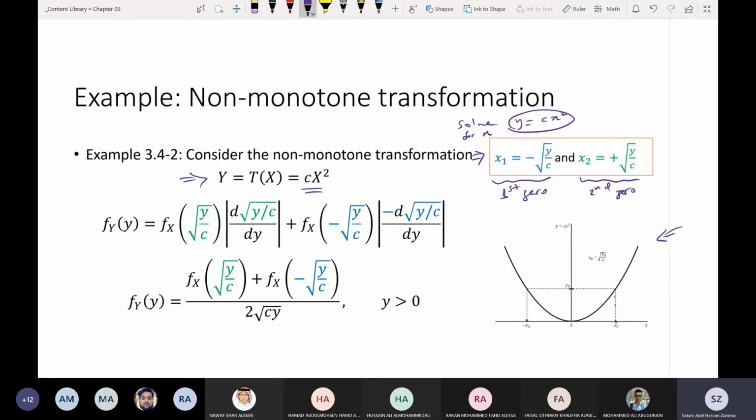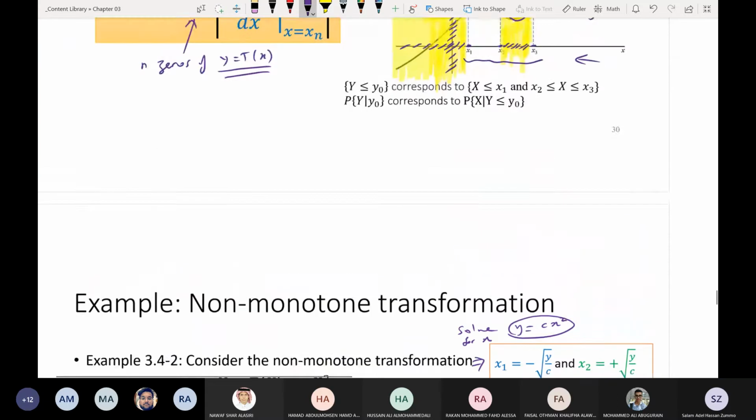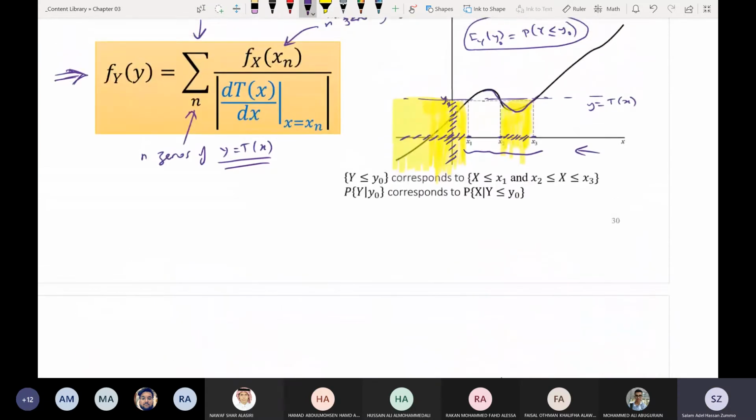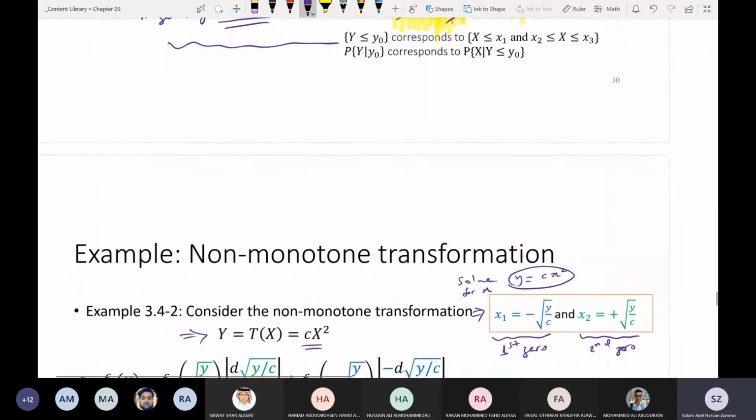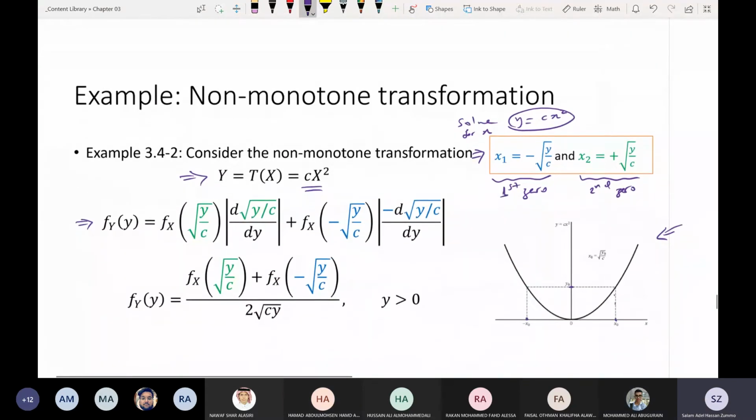We get basically these two zeros. Now, in order to find the PDF of y, how many terms will we have in the summation for this particular example? Two. We have two terms, because we have two zeros.